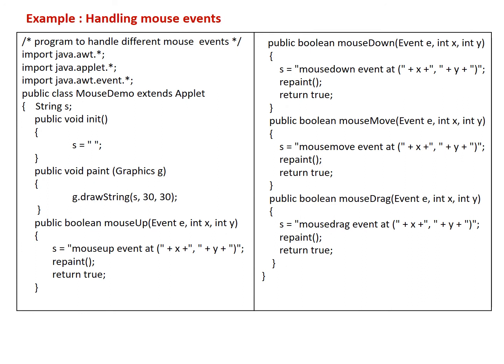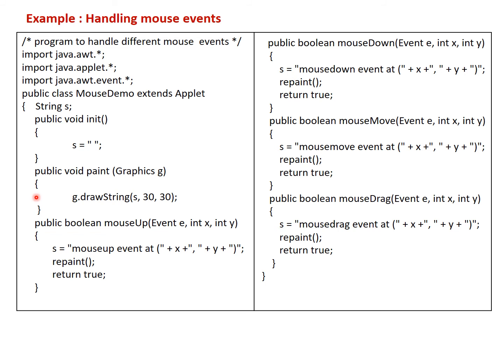Here is the program to handle different mouse events. We import three packages, that is java.awt, java.applet and java.awt.event. Then the class MouseDemo, which extends Applet, is declared. In the class, one string variable s is defined which is initialized to a blank string. Then the append method is defined which displays the current value of s.